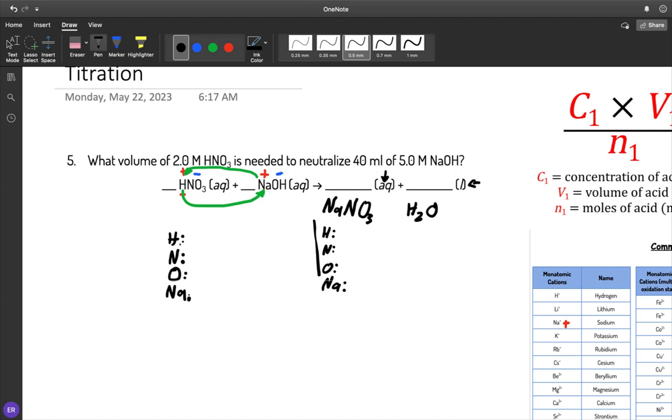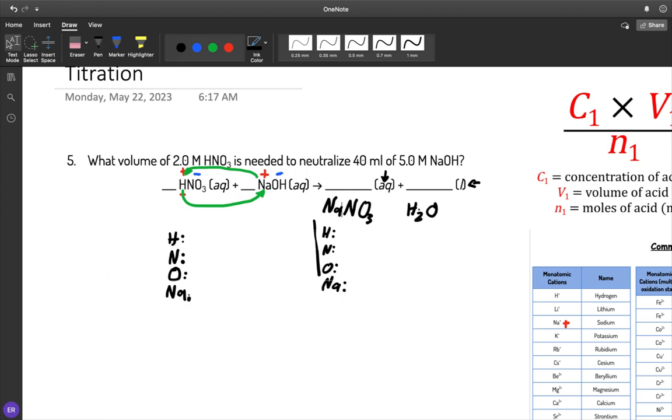Okay, so H's, let's go ahead and count all of our H's. Actually, let's pause here. I have not checked to see if we have this in the correct ratio. So this might change a little bit. Okay, so this time we have to see what is the plus and the minus. Is it a +1, a +2, +3, -1, -2, -3?